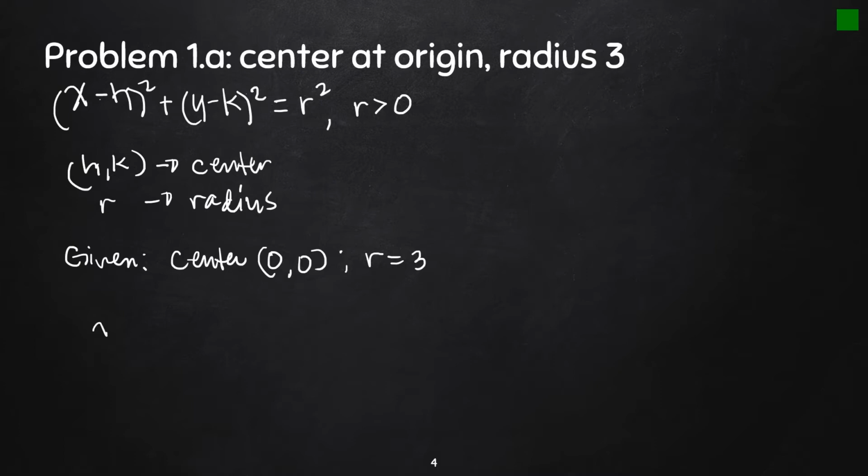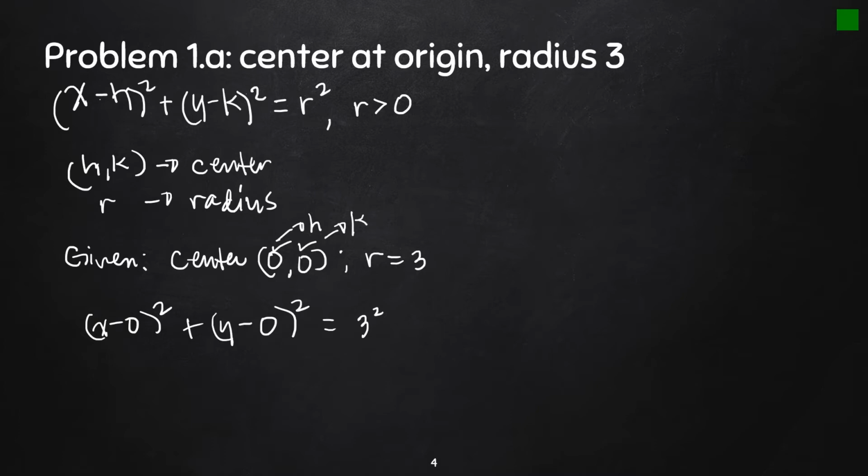So we have (x minus 0) quantity squared plus (y minus 0) quantity squared equal to 3 squared. Because the x coordinate of our center is 0 and the y coordinate is also 0, it means that our h is 0 and our k is also 0.